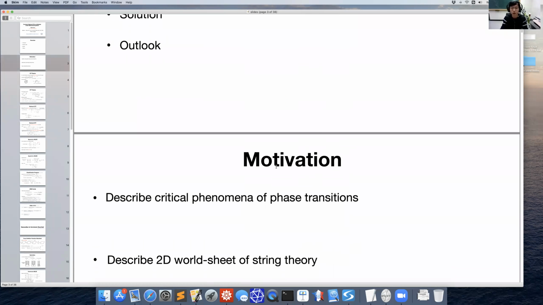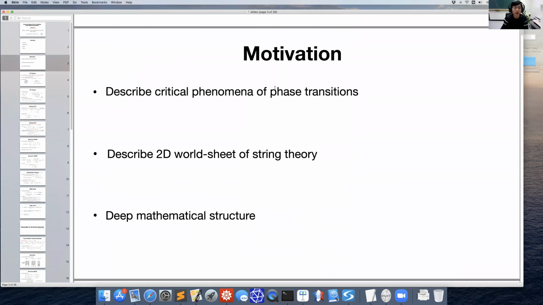Okay, so let's first start from motivation. To do something, we already need some motivation. So why are we interested in 2D CFTs? The first thing is that 2D CFTs can describe the second order phase transition of some critical phenomena in the real world.